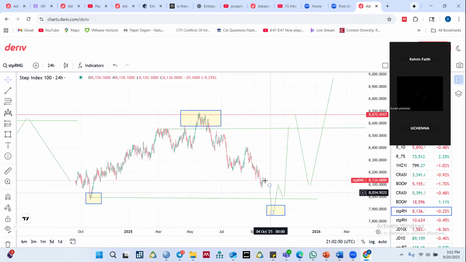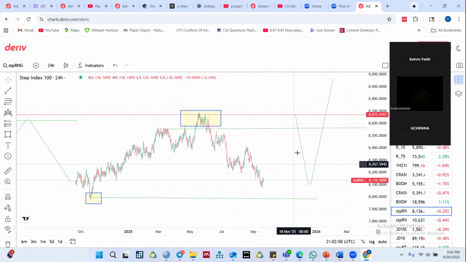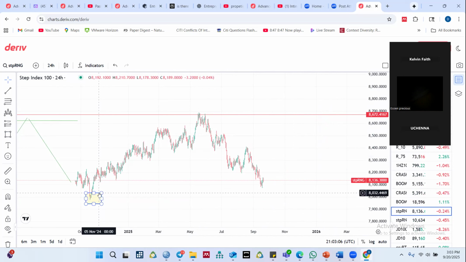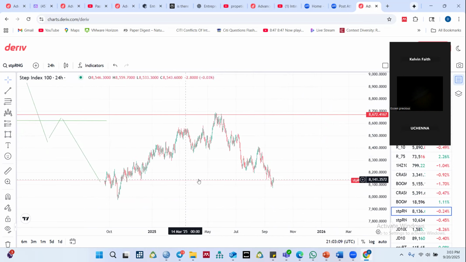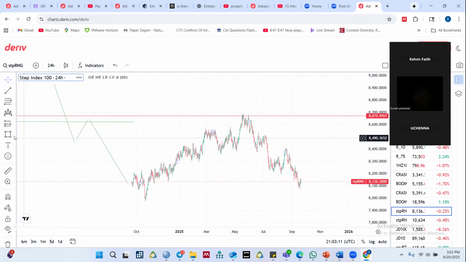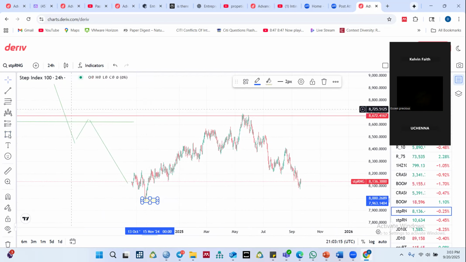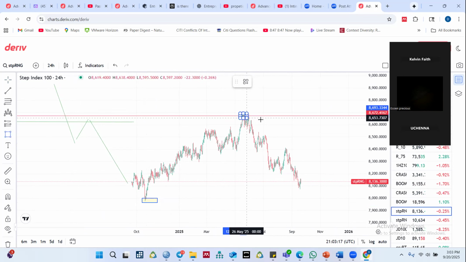Okay, so I don't see a reversal yet from the higher time frame. But within this range, the most important thing we have to know right now is that this pair is bearish and it hit this area and gave us a pullback to this area.